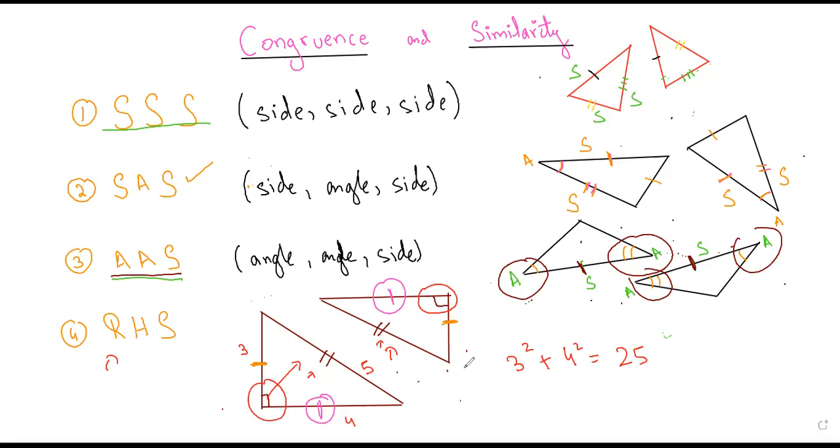Now I would like to talk about congruence again. Okay. Now we'll do some examples and prove whether two triangles are congruent or not. This is the first example. So I'll make it.